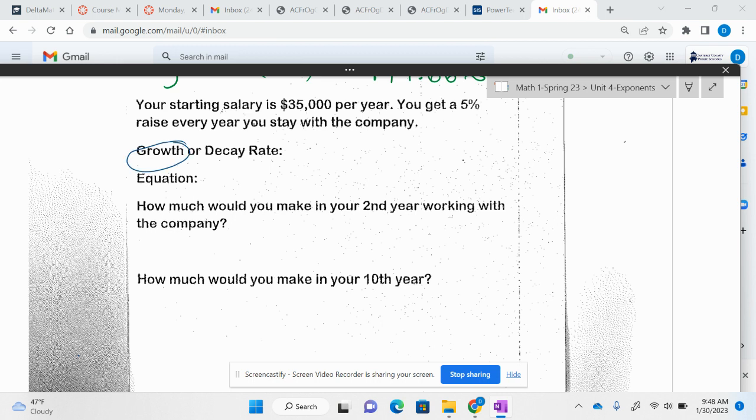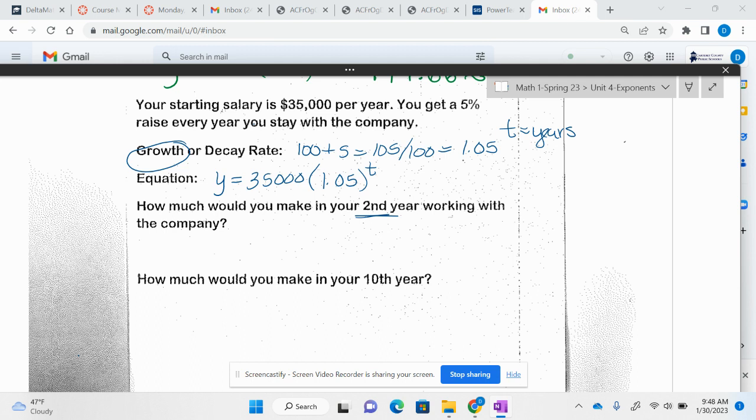So this is growth. 100 plus 5 equals 105, divided by 100 is 1.05. My equation: y equals 35,000 times 1.05 to the power of t. My time is in years.